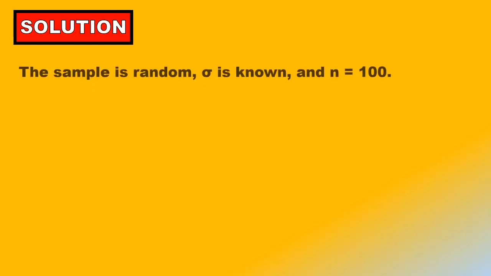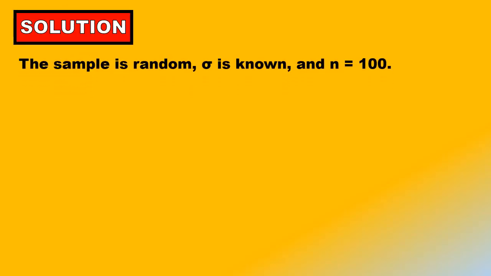So let's take a look at our solution. We know that the sample is random and sigma is known with n equal to 100. So our H naught is that the average is less than or equal to 35, because we're going to accept the speed limit as being true and see if our evidence shows that it's actually false.